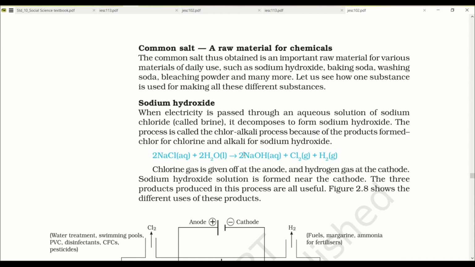In the same manner, the same common salt is used as a raw material for chemical industries. The common salt thus obtained is an important raw material for various materials of daily use, such as sodium hydroxide, baking soda, washing soda, bleaching powder, and many more. Let us see how one substance is used for making all these different substances.